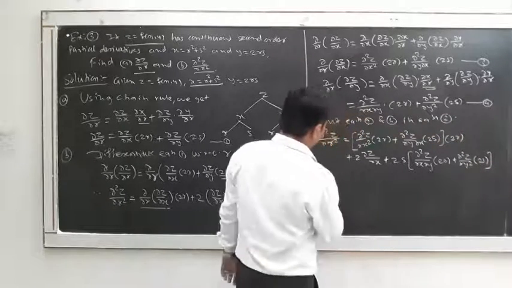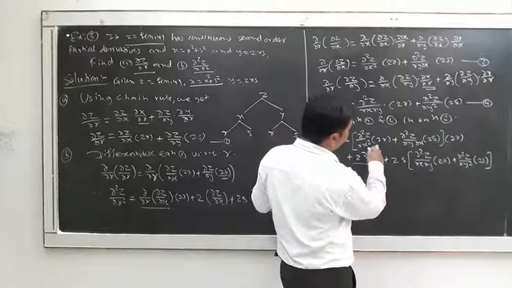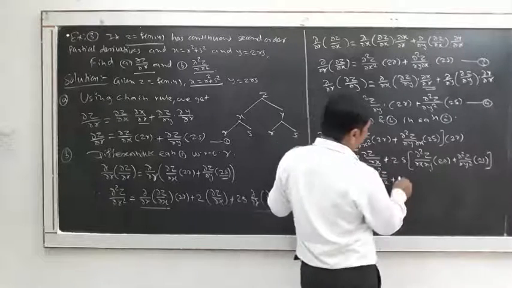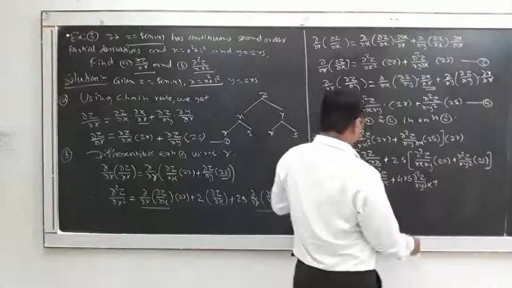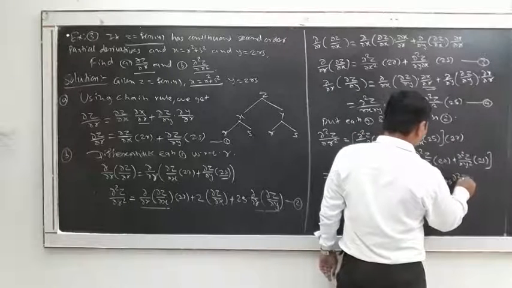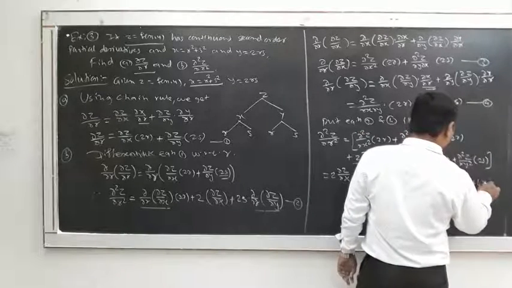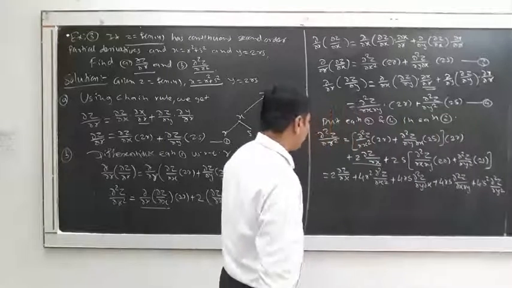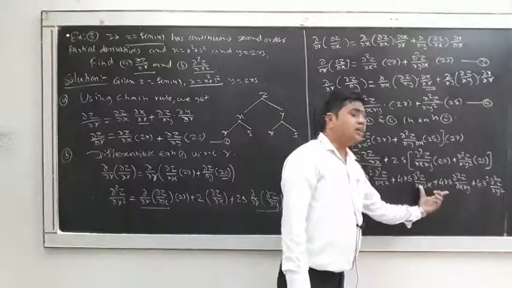Now do the simplification. We write this first: 2 ∂z/∂x plus 4R² ∂²z/∂x² plus 4RS ∂²z/∂y∂x plus, we write this, 4RS ∂²z/∂x∂y plus 4S² ∂²z/∂y². Now we have these second order partial derivatives are constant and hence they are equal.